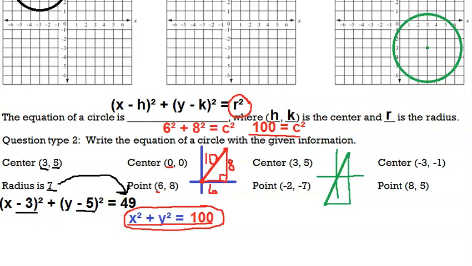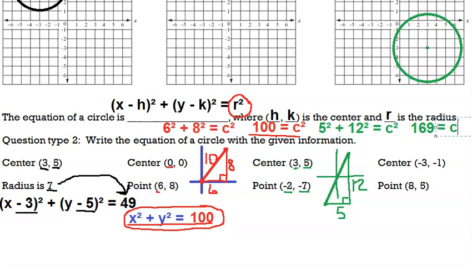If you had to figure it out, you could just sketch out a right triangle and count how far apart your x's are. From 3 to -2, that's a distance of 5. And how far apart your y's are. From 5 to -7, that would be a distance of 12. And now you could just do 5 squared plus 12 squared equals c squared. And then that means 169 is c squared.